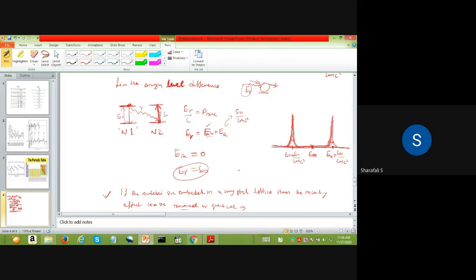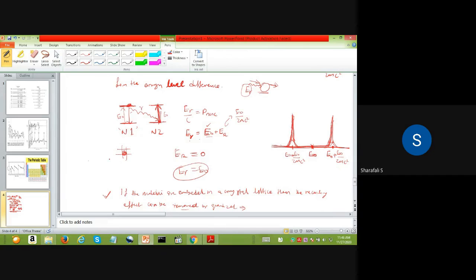Okay, so if you make the nuclei embedded in some crystal lattice, so that the nucleus cannot recoil by itself and the whole lattice has to take that energy, then your energy is quantized.